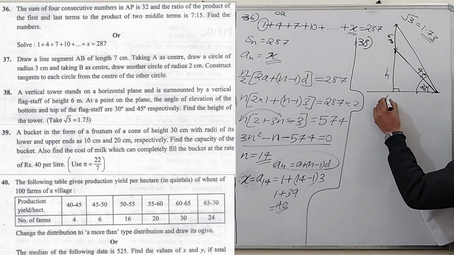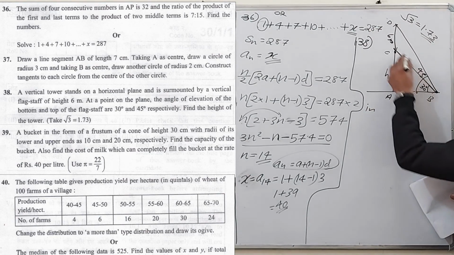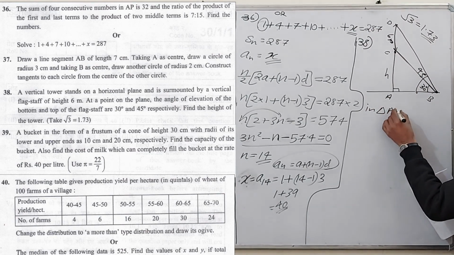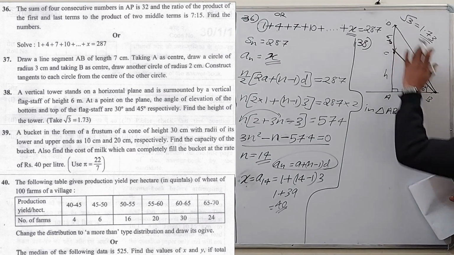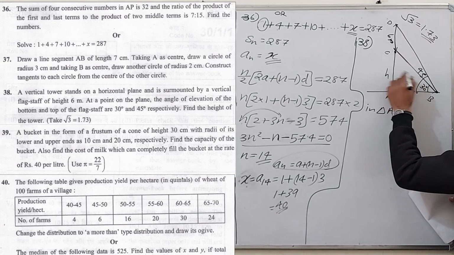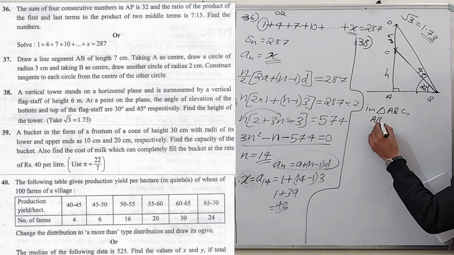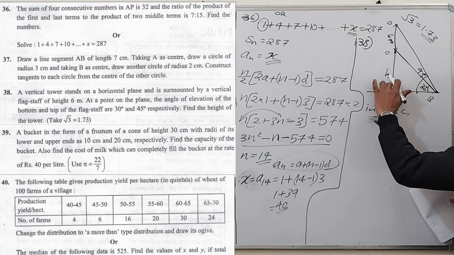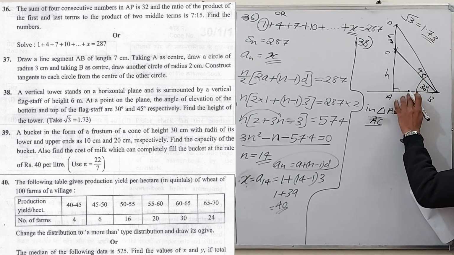So let's name this A, B, C, D. In triangle ABC, we have to get this AB, then only we can apply it here. So apply tan theta. What will we get here? AC by AB, opposite by adjacent side.